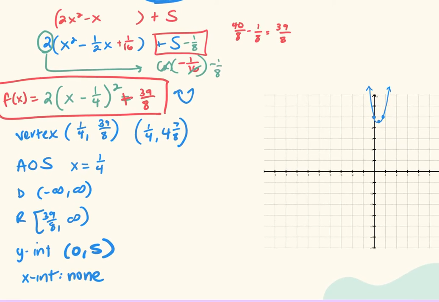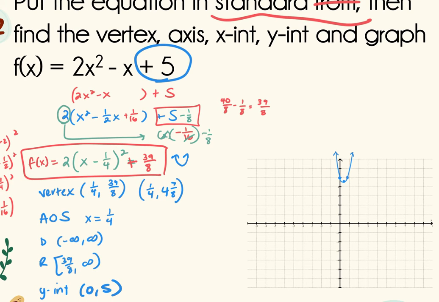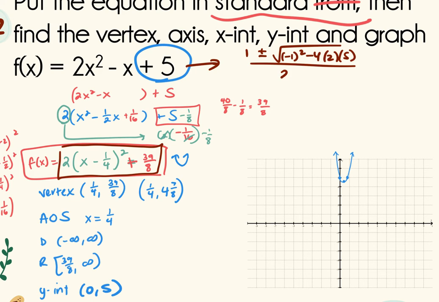If you didn't catch it and you go to find the x-intercepts, you can either do it from this standard form, which, because there's a fraction, gets ugly, so I probably wouldn't do it. If it was a whole number on the k, I would probably use the even root there. But if not, you're going to use the quadratic formula from here. So negative b plus and minus the square root of b squared minus 4ac, over 2a.